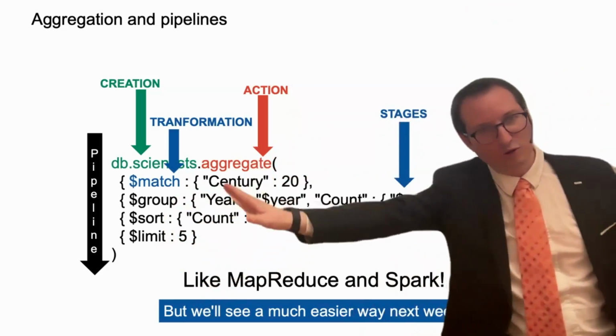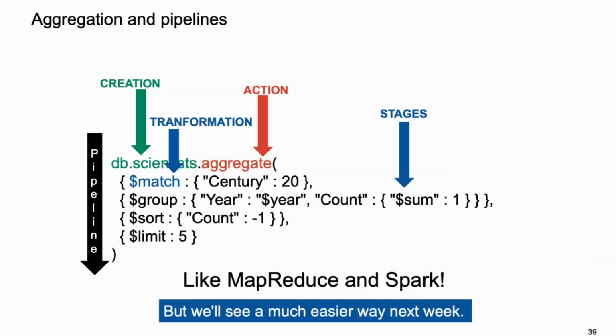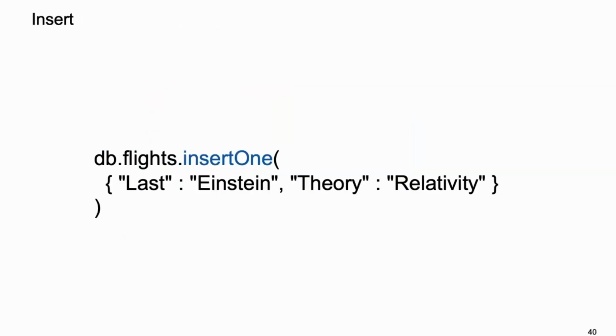So in fact, what you have here in this function is a mini Spark. It's a mini map reduce or a mini Spark, and you can define these aggregation pipelines where you can have a chain of transformations. All right? So I'm not going into that because since you know Spark, if you would take a look at the MongoDB documentation, it would be a walk in the park for you to learn. It's all the same concepts that you've seen before.